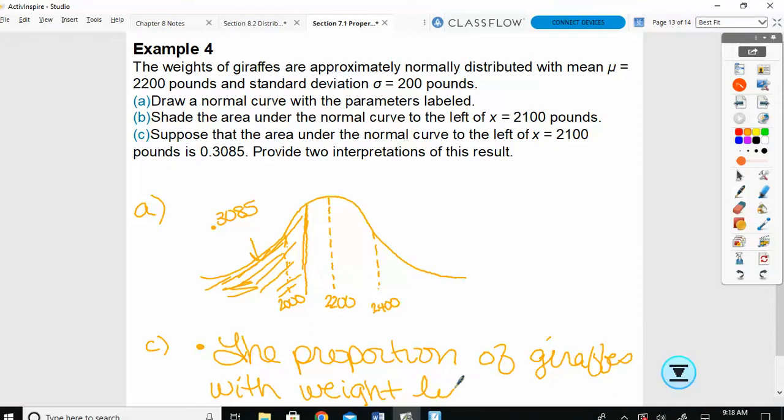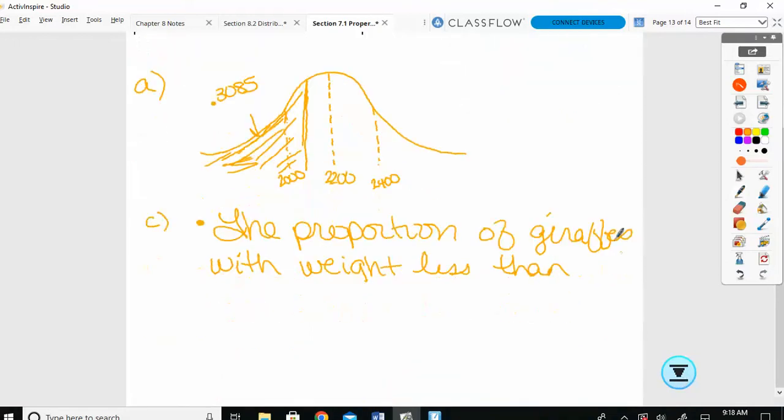So I could say, oops, less than 2,100 pounds is 0.3085. So if I looked at every giraffe, almost 31% of them weigh less than 2,100 pounds.